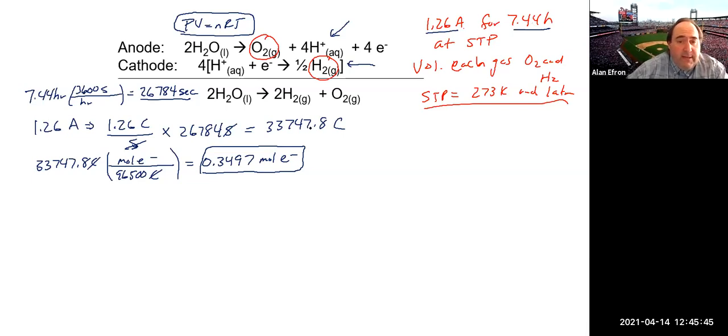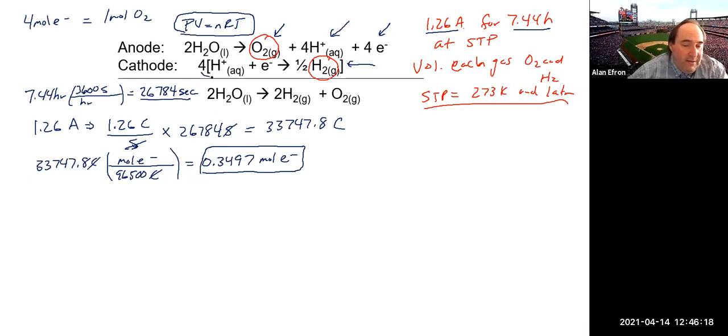So we'll start with the oxygen and the hydrogen. But first, what we want to figure out is the mole to mole relationship for each of those. If we look at oxygen, there is 1 mole for every 4 moles of electrons. So for every 4 moles of electrons, there's 1 mole of oxygen gas. If we look at our H2, there is a 4 on the outside.